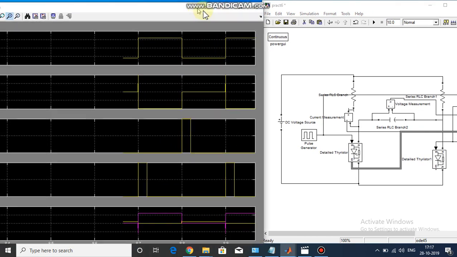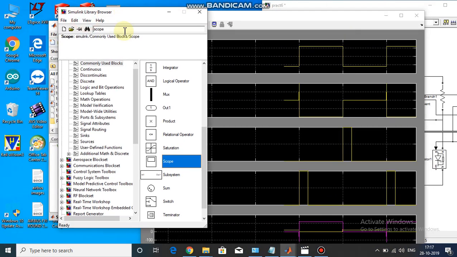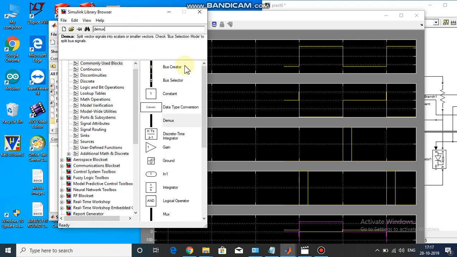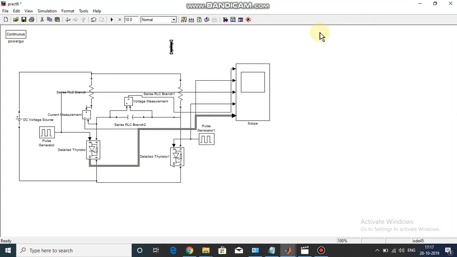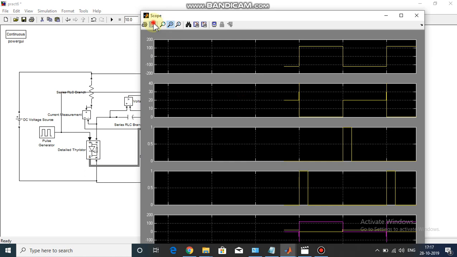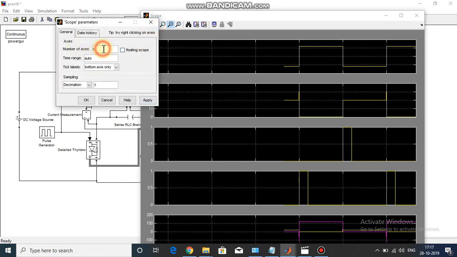But let's just check if we can use that demux, and here it is. So we'll just drag this demux over here. Okay, just increase the axis from 5 to 6, axis up.